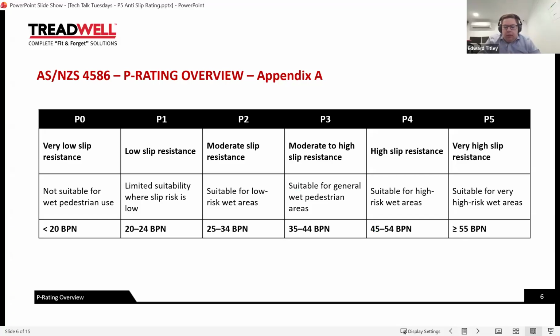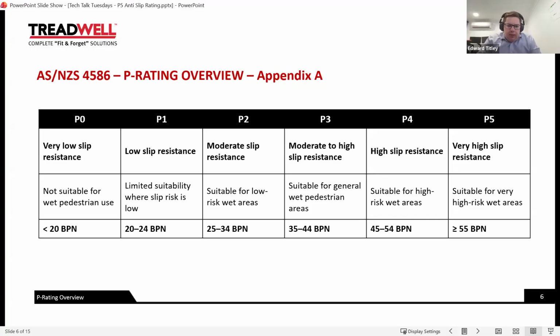That's dropped, the pendulum's laid to fall on the surface, very similar to a heel strike with your foot on the walking surface, and the level to which it swings back or rises up after the impact is used to determine the slip resistance. Obviously, the lower it rises, the higher the slip resistance.